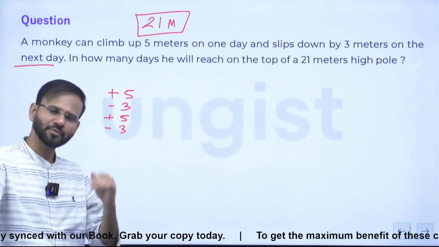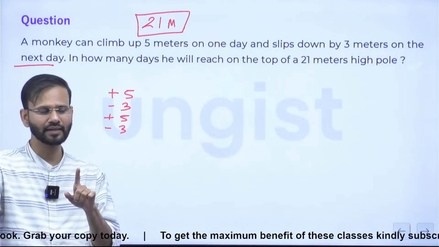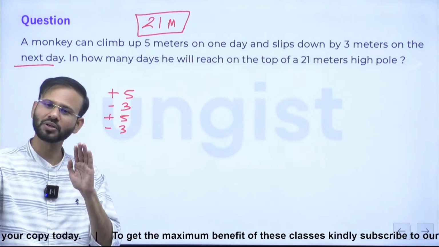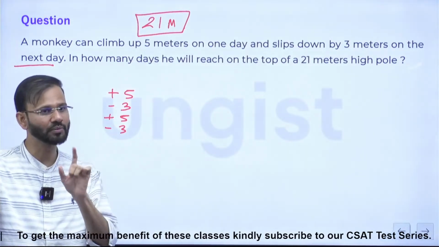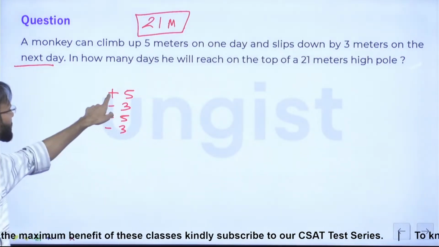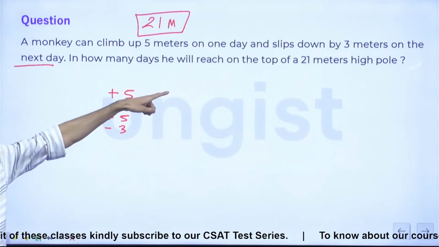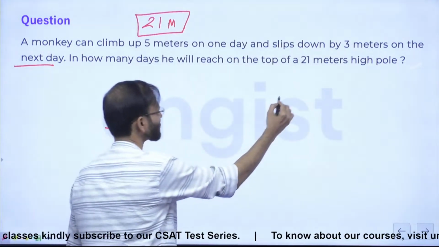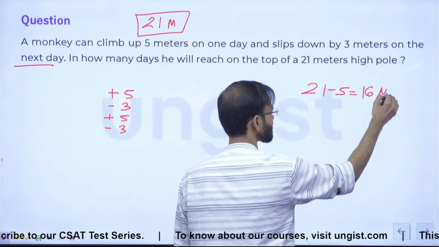Guys, for these types of questions, what you have to think and take care about is total work minus positive work. Again, total work minus positive work. What is the positive work here? 5. What is the total work? 21. So guys, 21 minus 5, that is 16 meters.